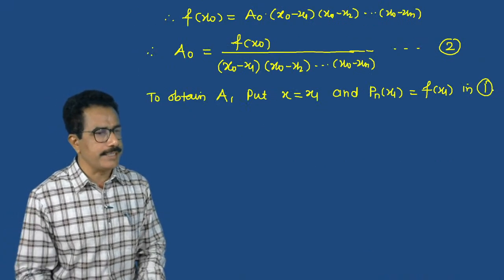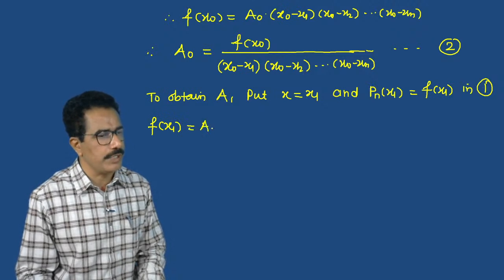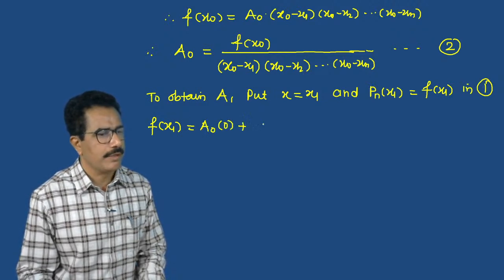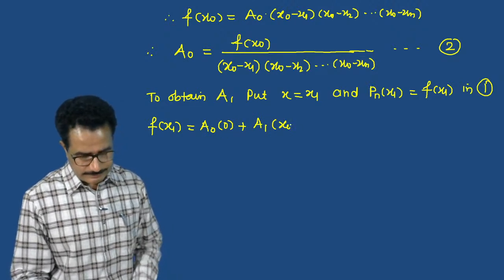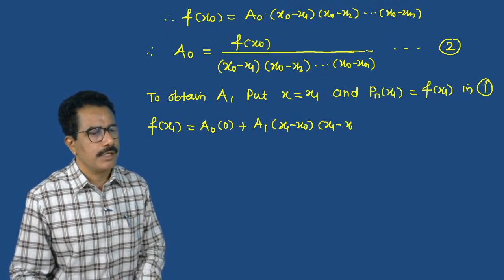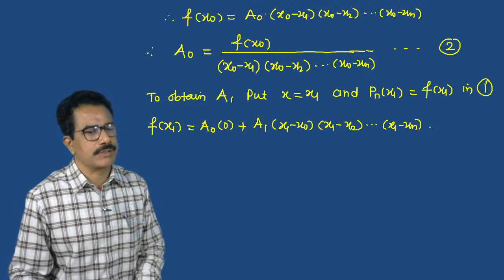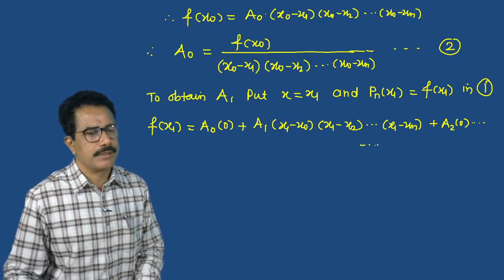So we can write f of x1 which is equals to a0 into 0 plus a1 into x1 minus x0, x1 minus x2 dot dot dot x1 minus x1 plus a2 into 0 dot dot dot plus an into 0.